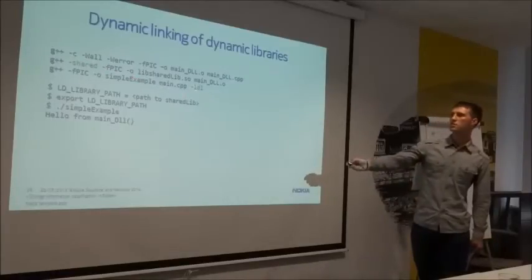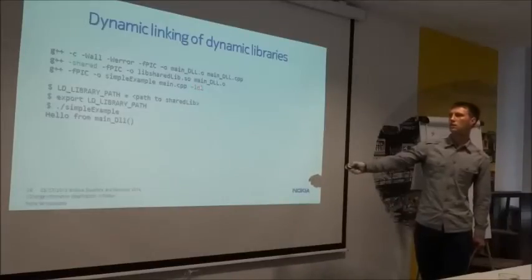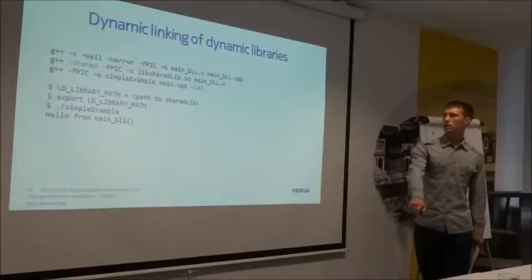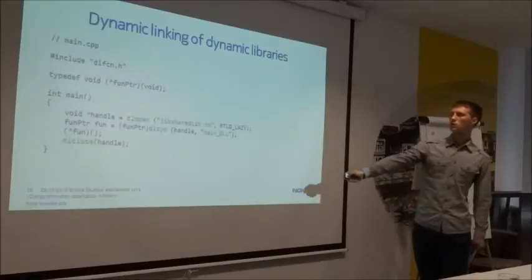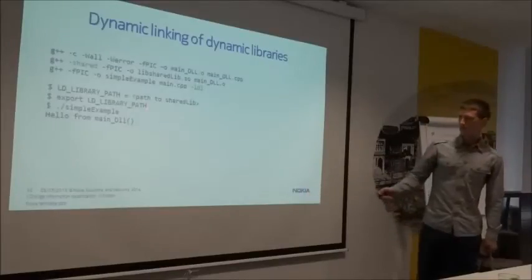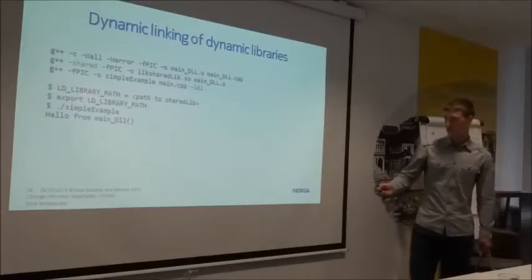The only dependency is that we are statically linking the libdl shared library, which has those functions defined: dlopen, dlsym, and dlclose. And once again, we should specify this parameter. We should set this variable.